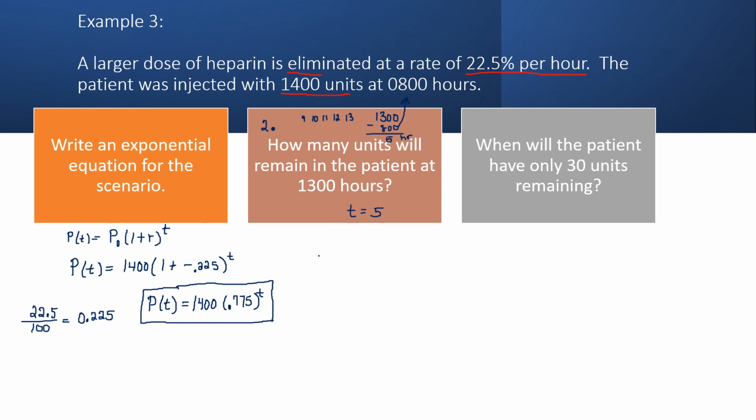Okay. So looking at my formula, P of T, population at some point in time, will be 1,400 times 0.775, and I'm going to replace the T with 5. Now I'm going to put that in my calculator. So 1,400 times 0.775 to the, using that caret key, fifth.